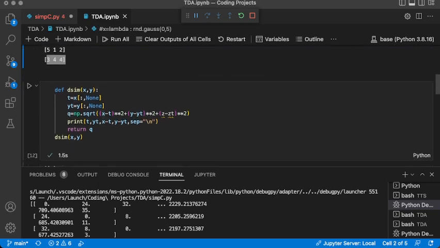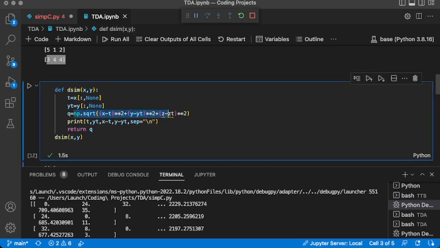Here I have the transposed, and this is 3 dimensions. I just put this in for understanding, but it actually just uses x minus xt and y minus yt here.